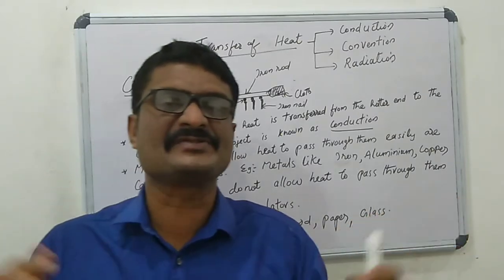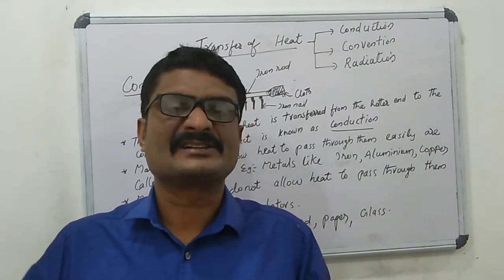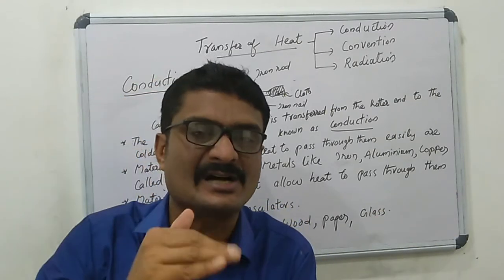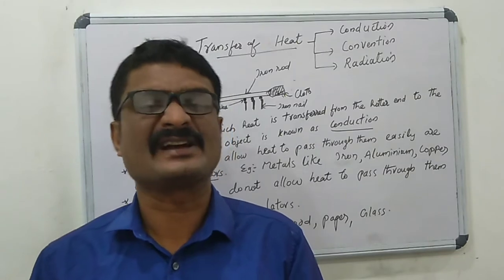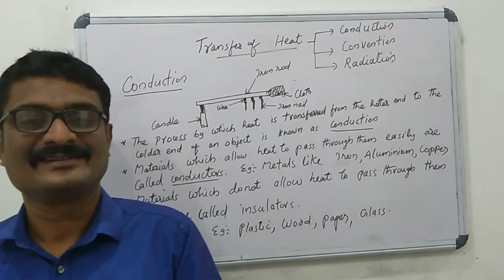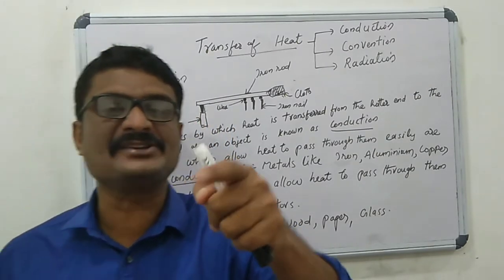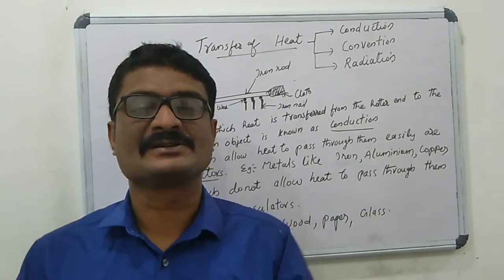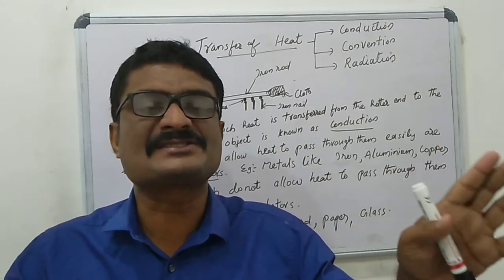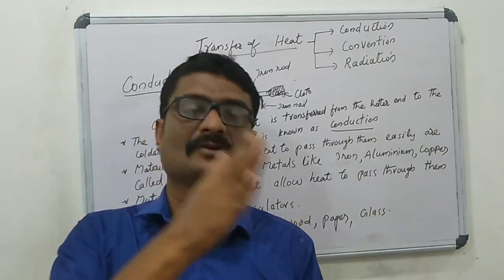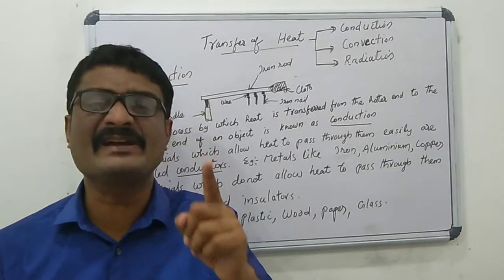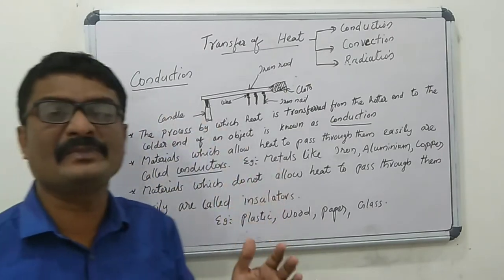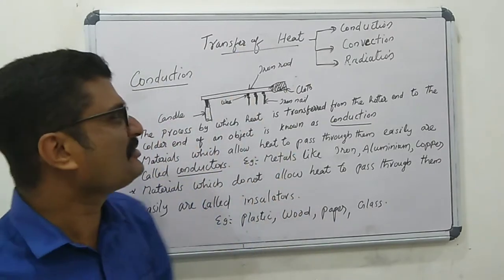As a result of heat flow, the temperature of the hot body falls and the temperature of the colder body rises. The flow of heat stops when the temperature of both bodies, both the hot body and cold body, are equal. There are three ways in which heat can be transferred from one body to another.